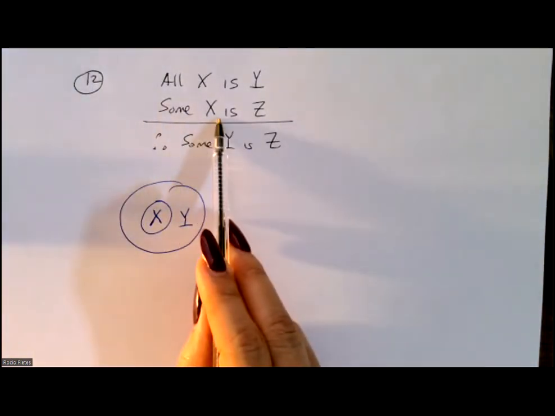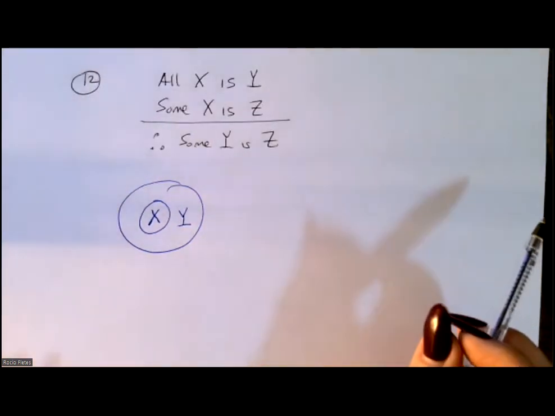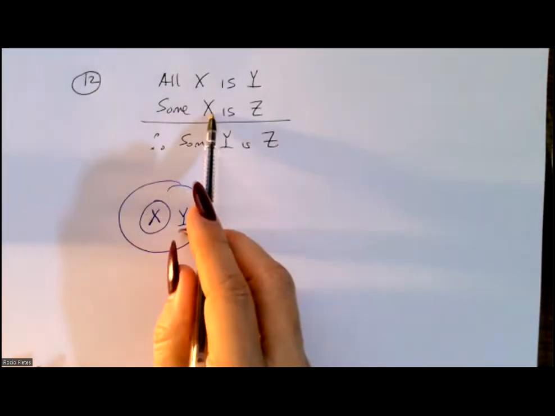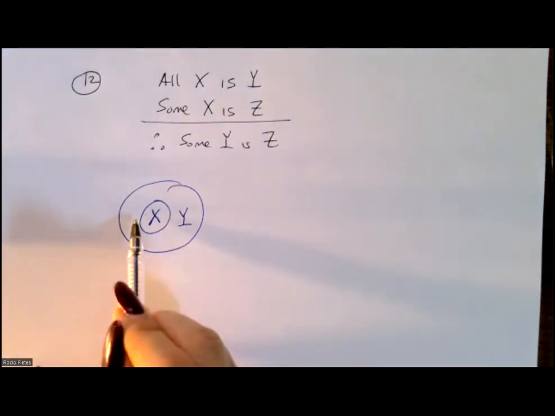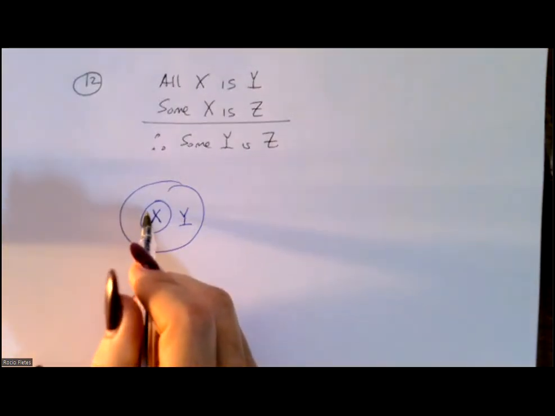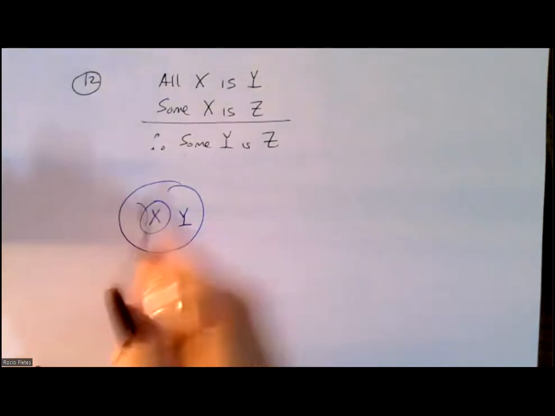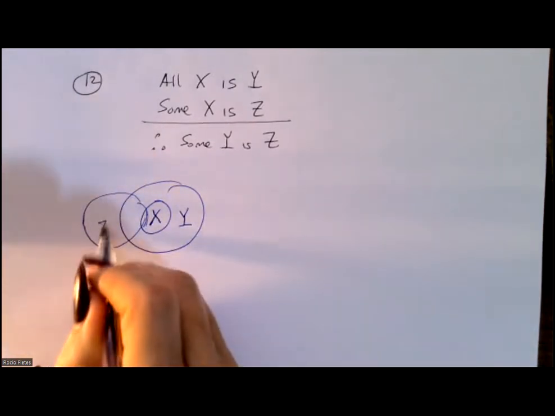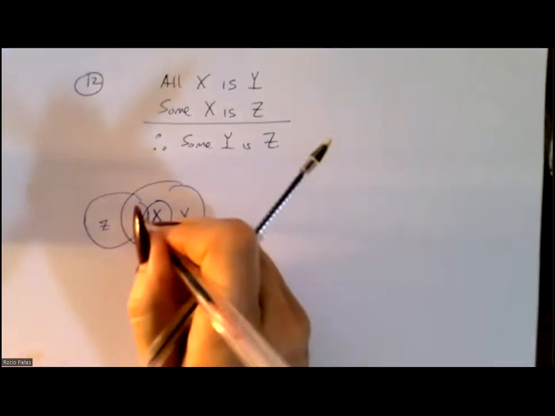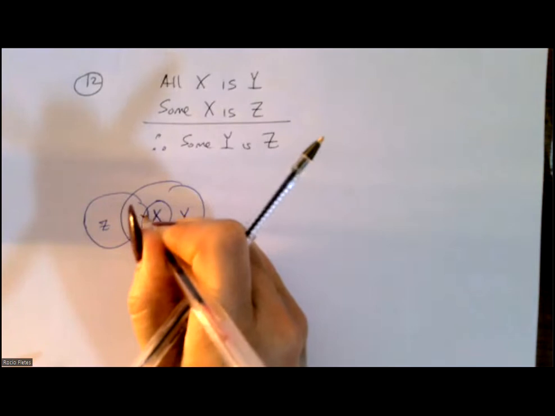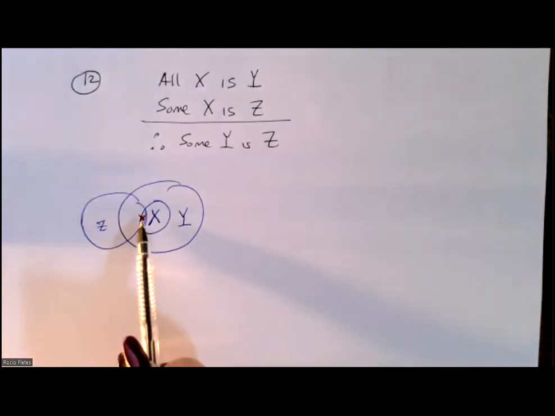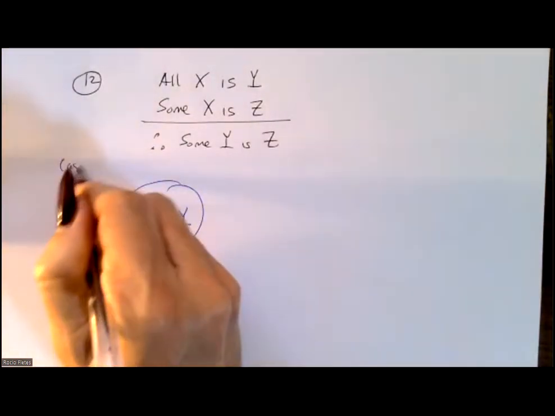And then some X is Z. Okay, well, we can have some X is Z. So obviously you have a set Z that overlaps with X. So if it overlaps with X, it has to overlap with Y. So let's just say this is Z. And some X is Z, so I'll just put a red here for the some X is Z. There's an overlap between X and Z, so that's one example. What's another way you can create this?